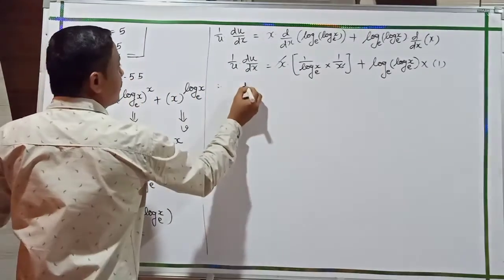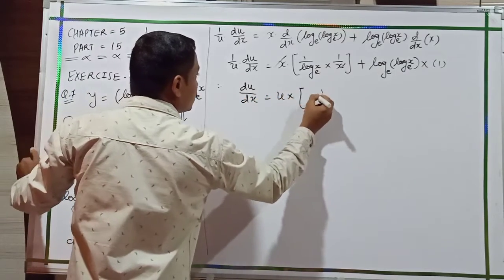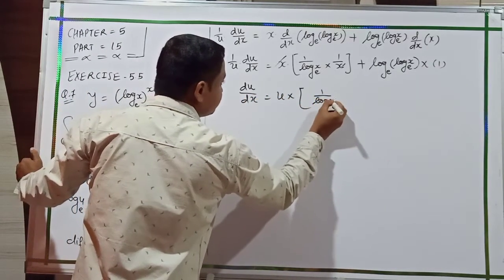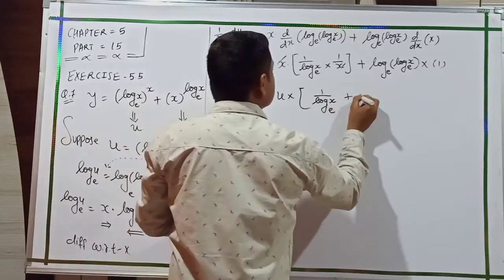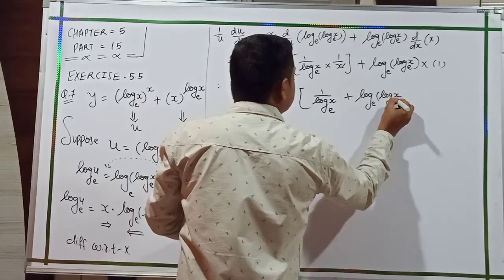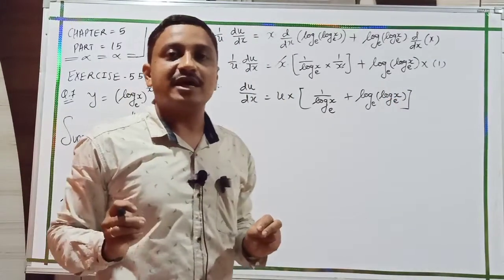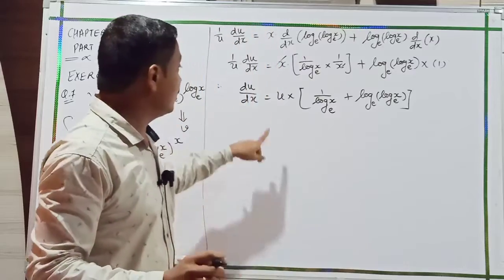So finally done: du by dx equals u into 1 upon log x base e plus log with the log x base e. Finally done students, I just put in the value for u.